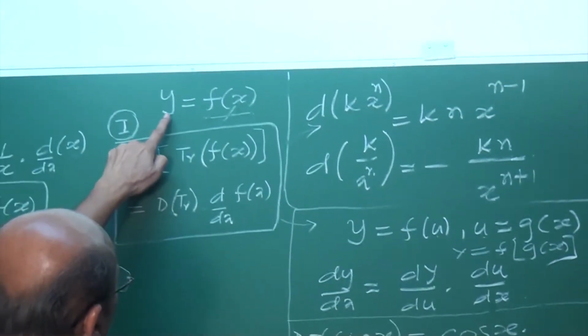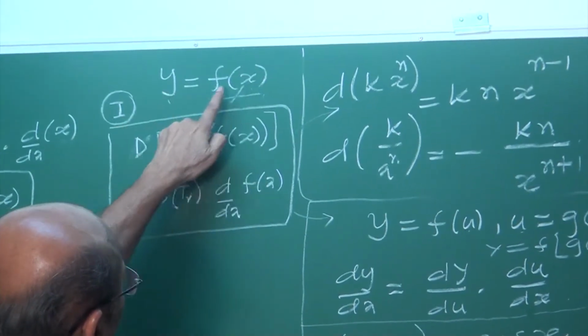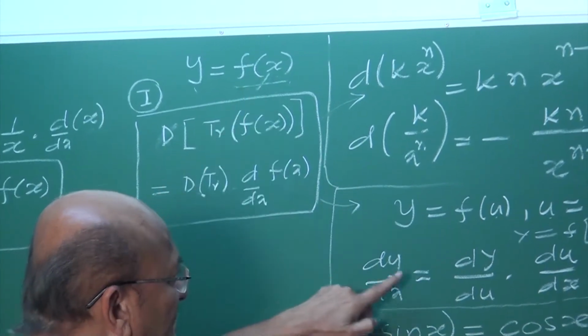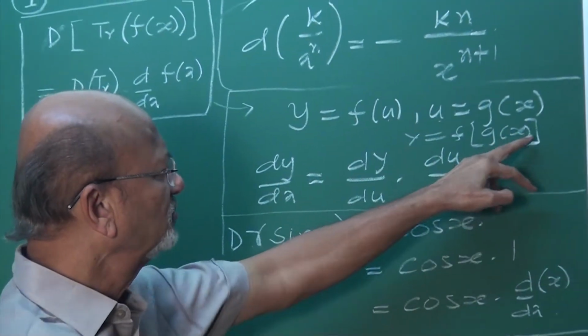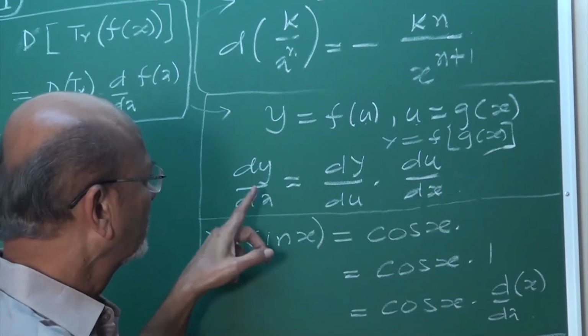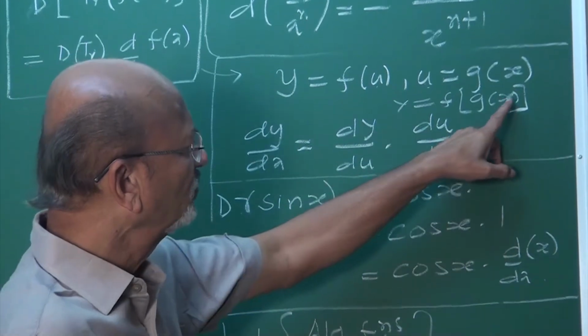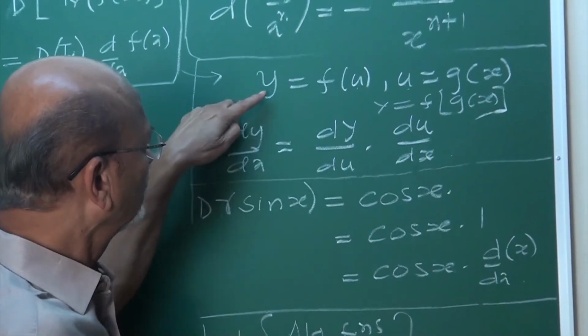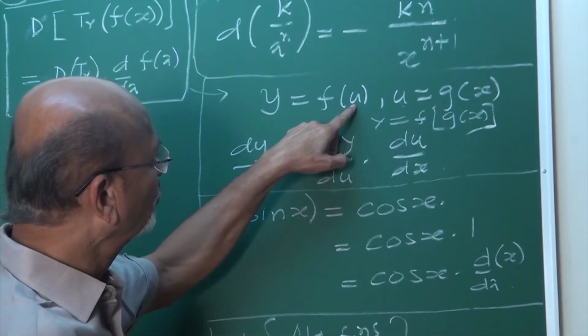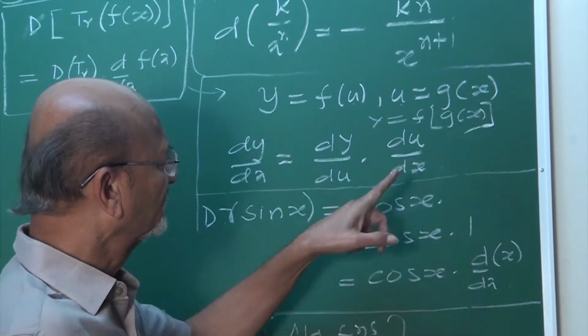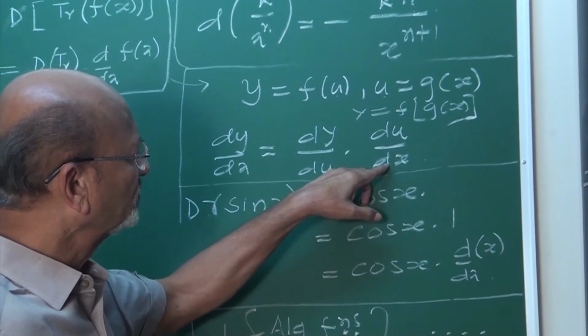In the direct case, to find the derivative we directly differentiate: dy by dx is f dash x. But when it is a composite function of x, to differentiate y with respect to x, first we have to differentiate y with respect to u, because y is a function of u. Then u is a function of x, so then the derivative of u with respect to x.